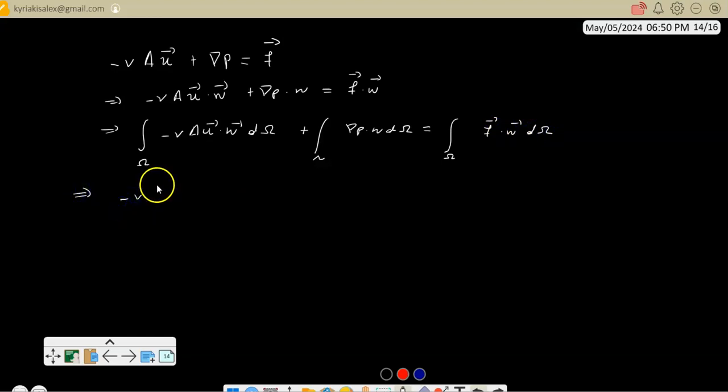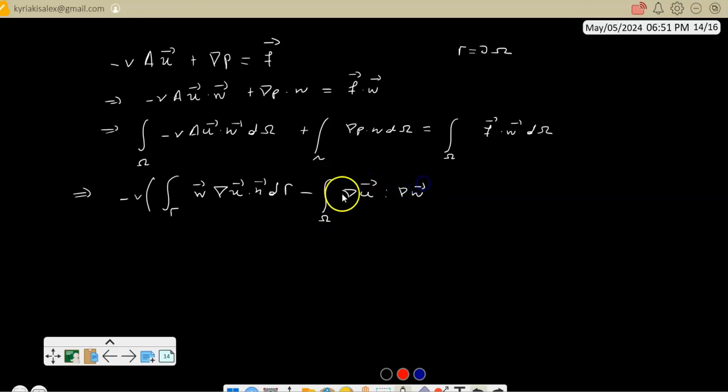I impose integration by parts. Let's denote gamma the whole boundary of the domain omega. And what I have here is w. I have this integral at the boundary minus the integral over omega of this bilinear form. So this is the bilinear form here.